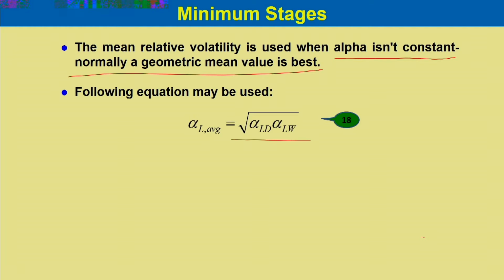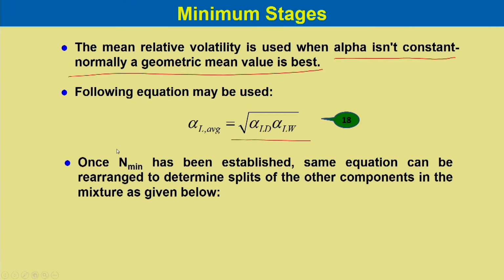Once N minimum, that is the minimum number of plates, has been established, the same equation can be rearranged to determine the split of the other components in the mixture as given below.